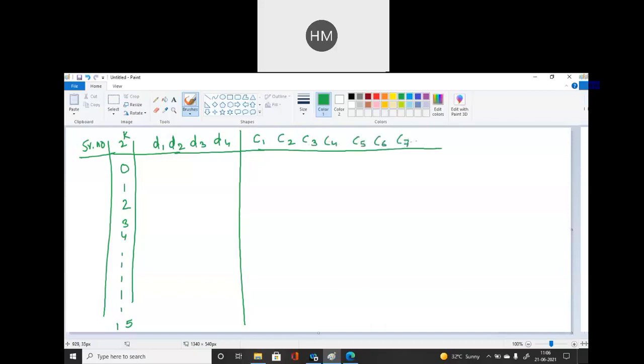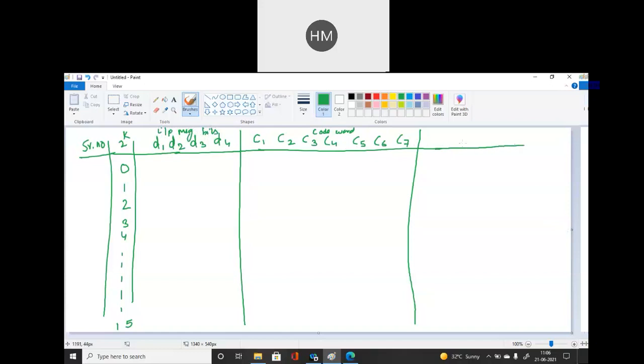This is my code word. You can write at the top 'code word generated', and here 'input message bits'. Draw the table properly.